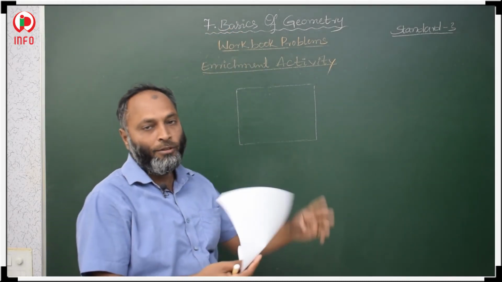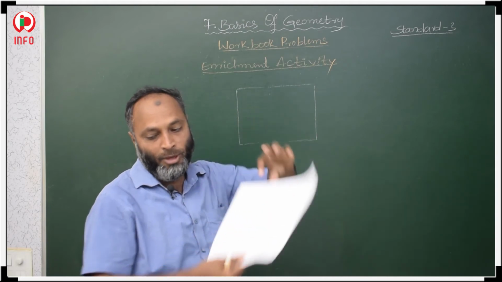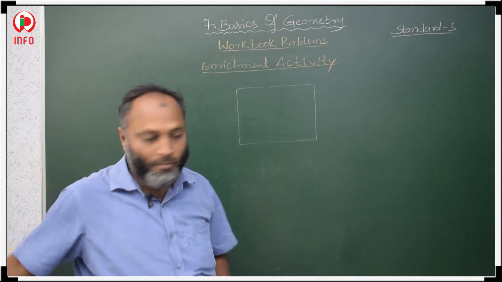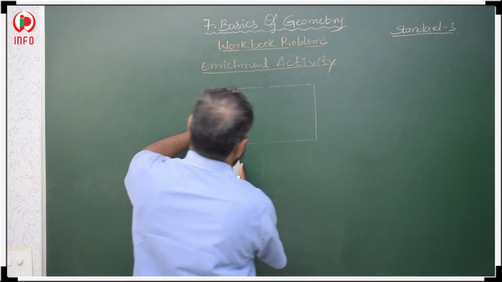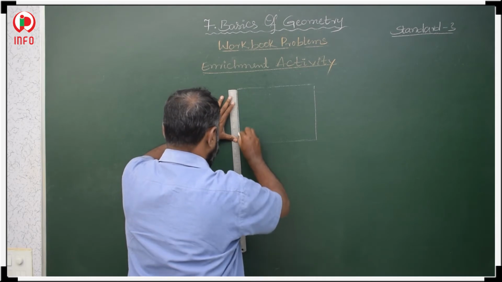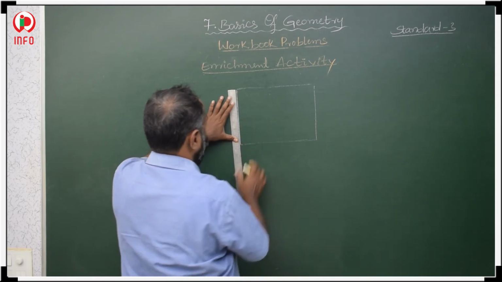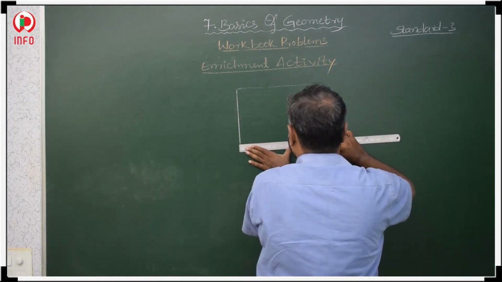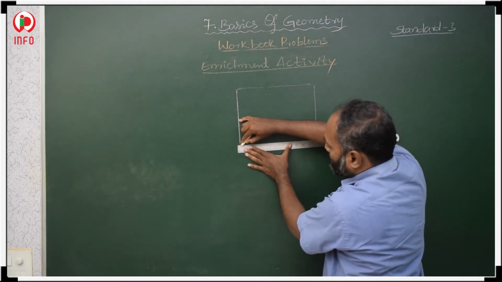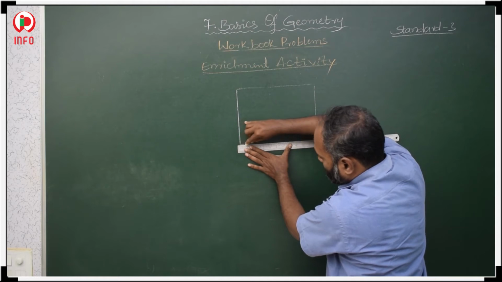So this is our A4 size paper. Now, with a ruler, make it dark. This is our A4 size paper measurements.